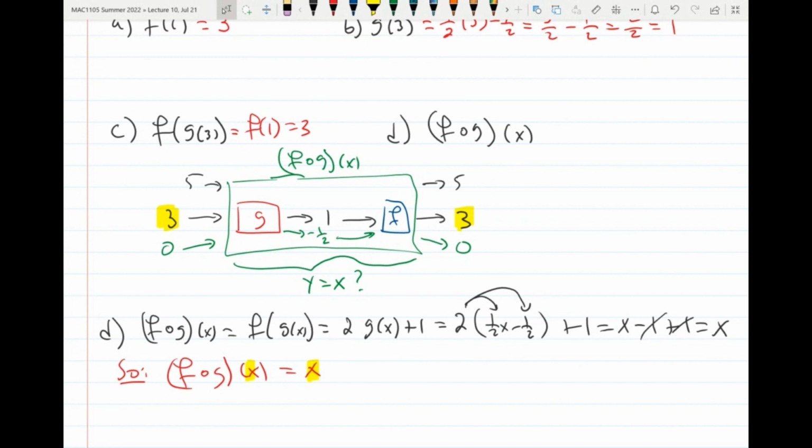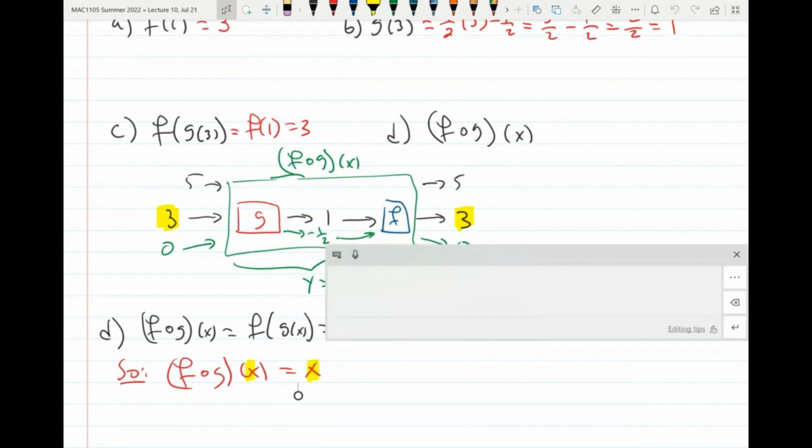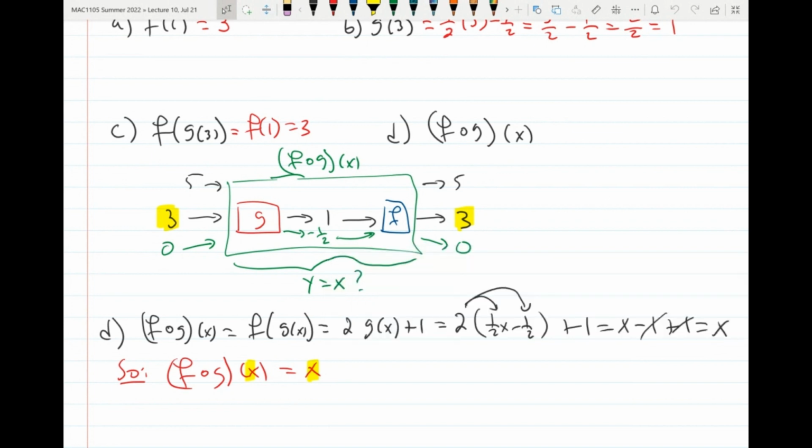Whenever the functions cancel each other or undo each other, we call these functions inverses of each other. So in this case, we say that f is the inverse function of g. And if you flip them and the same situation happens, we say that g is the inverse of f.